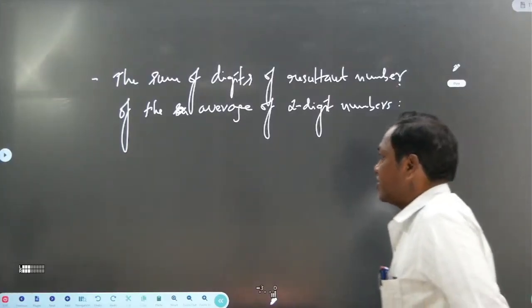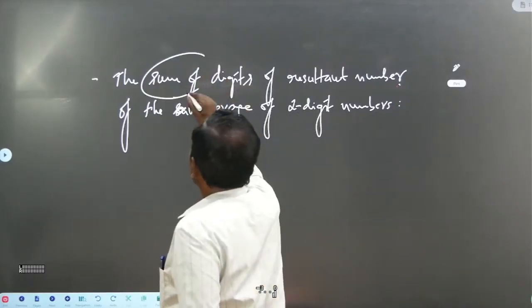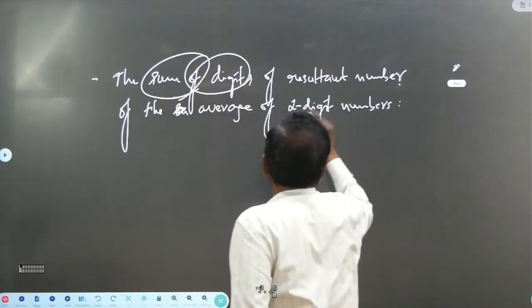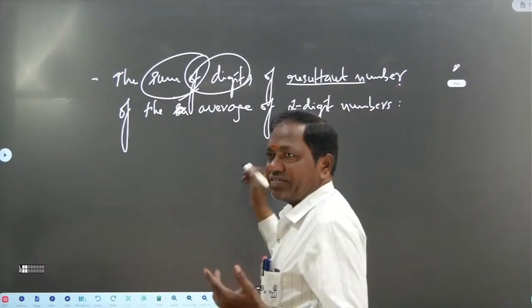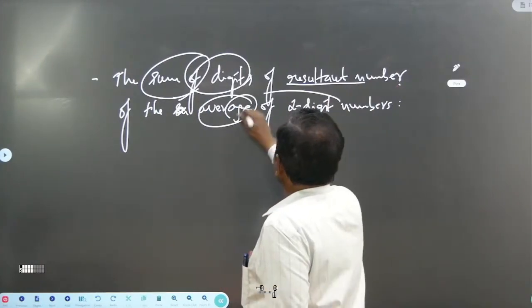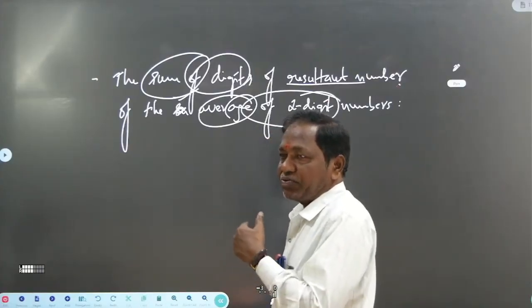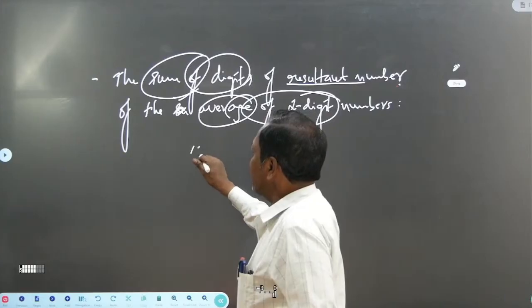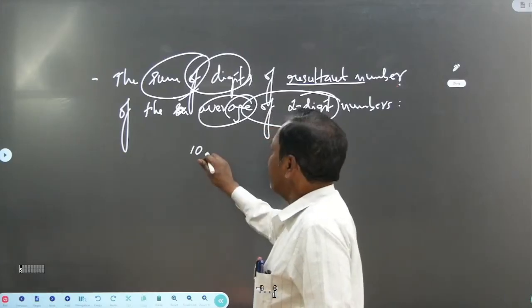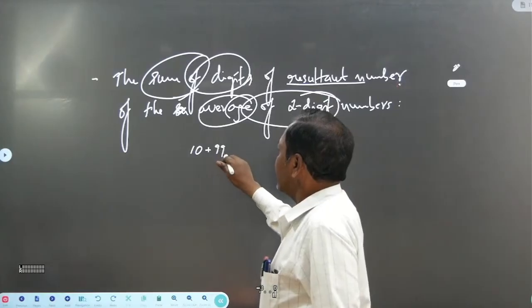Yes, you are taking such a long time. So first, the sum of digits of the resultant number. We can see the result later on. Average of 2-digit numbers. First we have to do the average of 2-digit numbers. What is the first 2-digit number? 10, plus what is the first number from the last? 99.